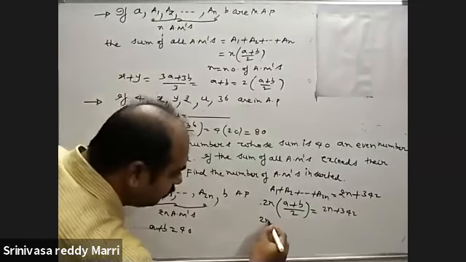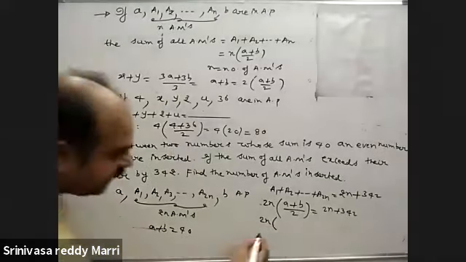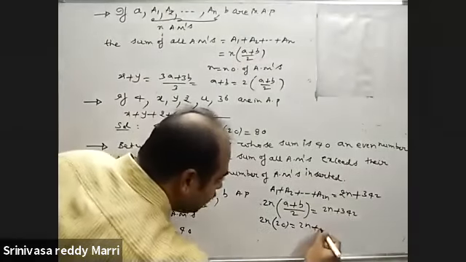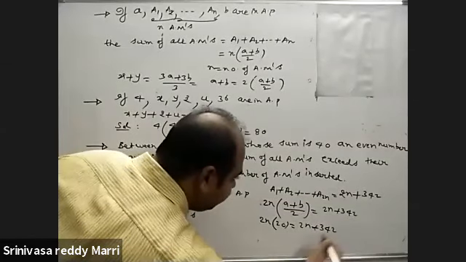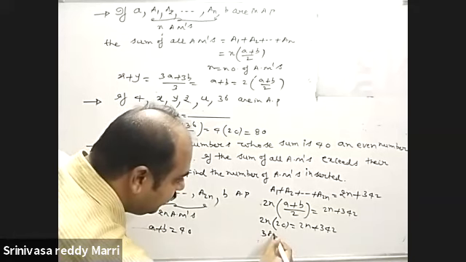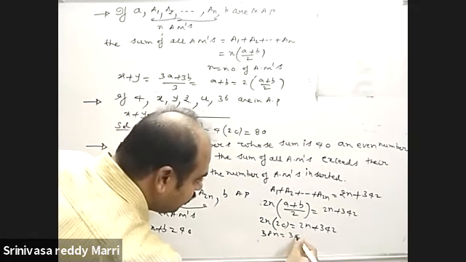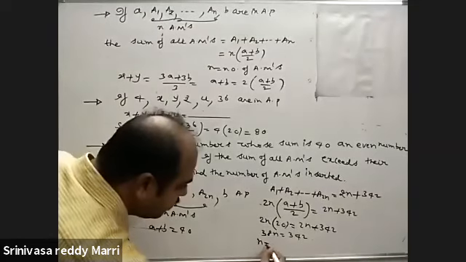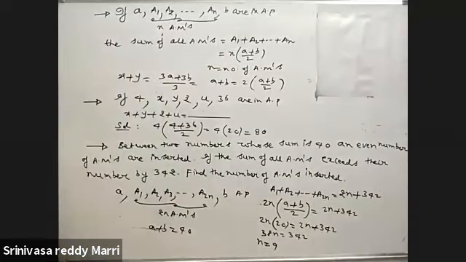So 2n into (a plus b) by 2, which is 20, equals 2n plus 342. That means 38n equals 342. 38 nines. Therefore, n equals what?